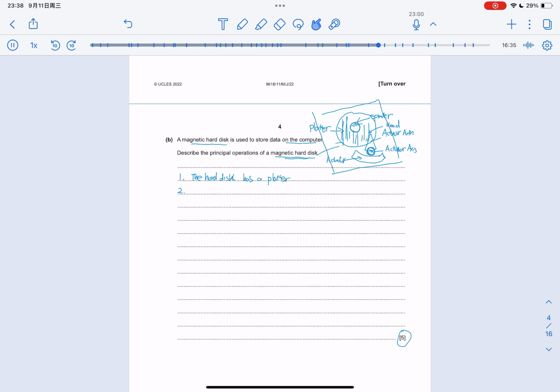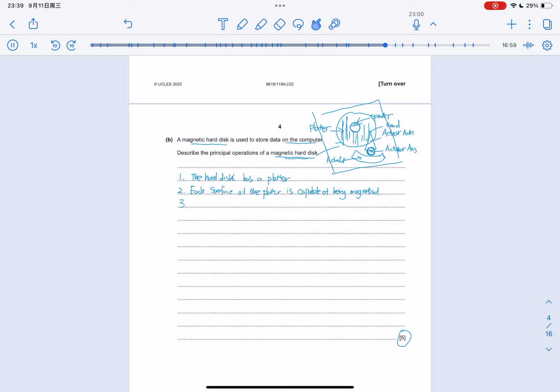That's why it can store the data on it. So we can write this down: each surface of the platter is capable of being magnetized.